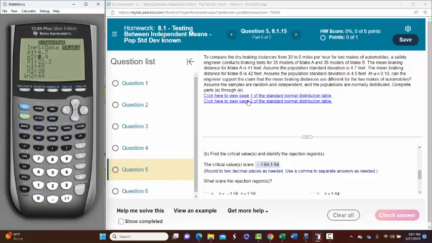Second standard deviation, 4.5. The mean braking distance for make A is 41. Okay, so both sample sizes are 35. So N1 will be 35 and N2 will be 35. But then the braking distance for group 2 is 42 feet. Put in 35.